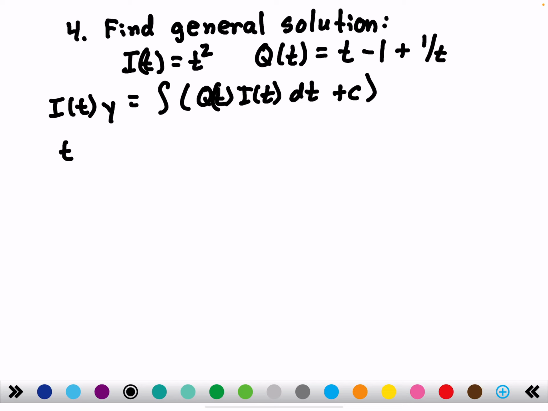So this will be t squared. Let's substitute in the values of I sub t and q sub t and do this integral.